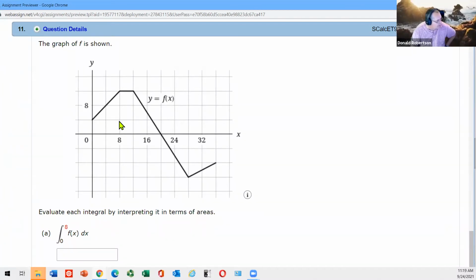Now the rectangle is these 2 boxes at the bottom here, right? And that would be 8 units long by 4 units high. So that bit would be 32. And then I've got a triangle, and triangles are half the base times the height. And a half of 8 times 8 also happens to be 32. So the answer to that question would be 64.